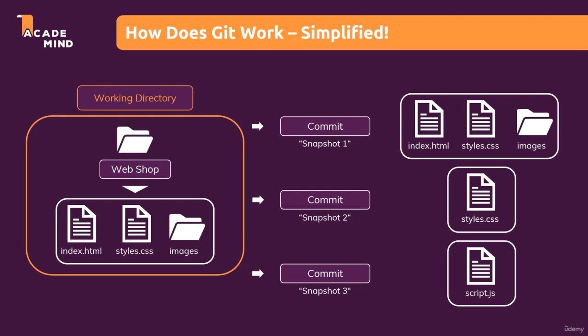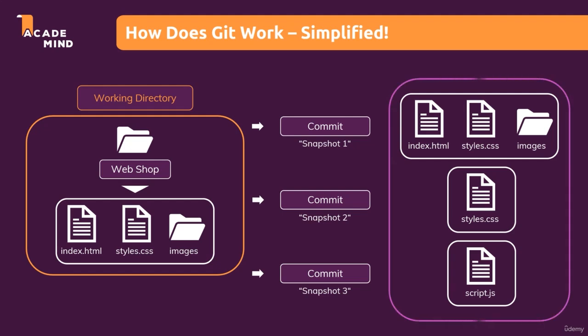Well, this brings us to the third core term in the Git world, and this is the term of the so-called branches. By default, Git stores all commits you make in the so-called master, or alternatively also referred to as main branch. We'll use the term master branch throughout this course though.